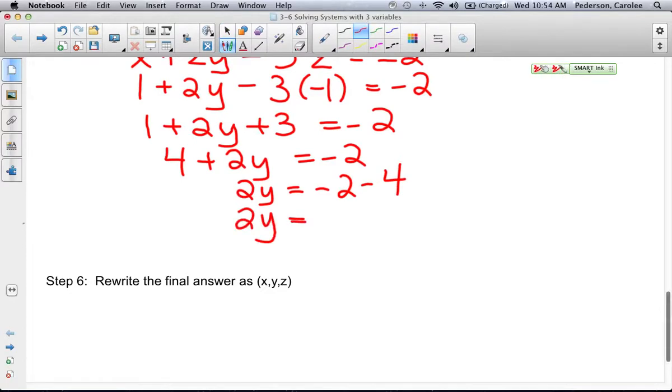Negative 2 minus 4 is negative 6. And then divide by 2. Negative 6 divided by 2. So y equals negative 3.